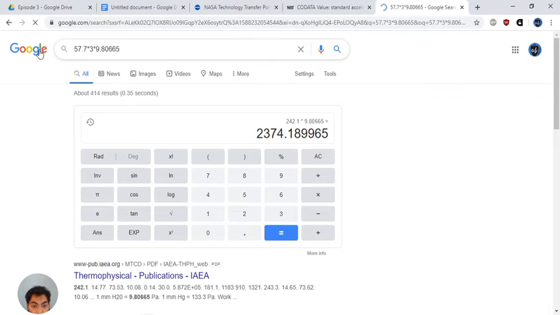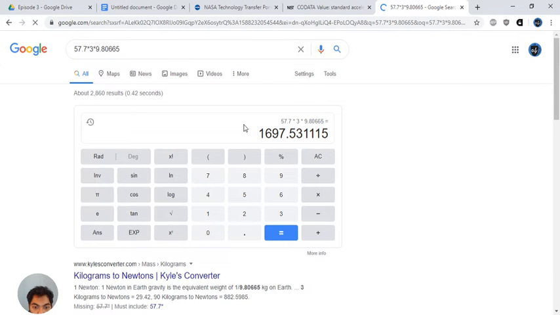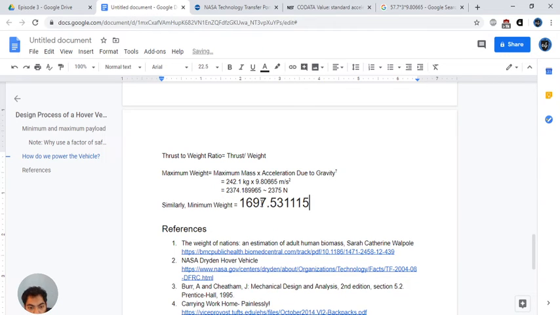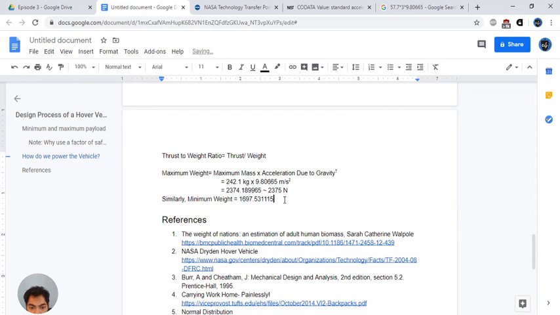I'm just gonna do that, which is this, which is also, this just increases our, 1,700 Newton.